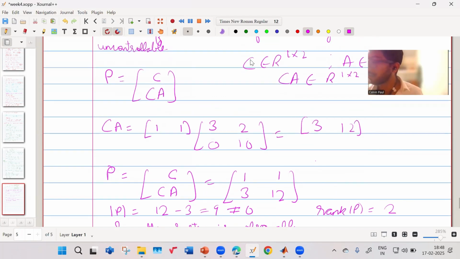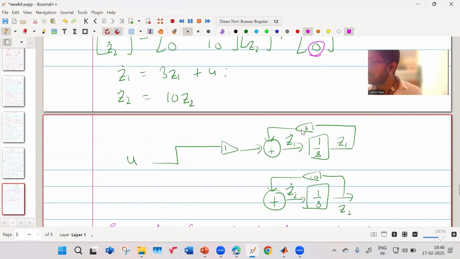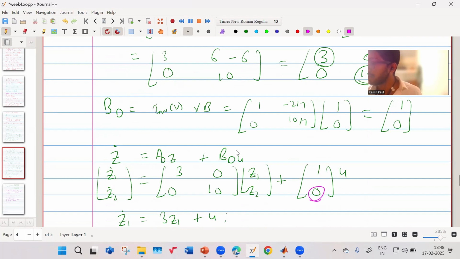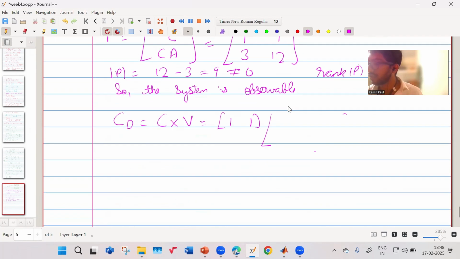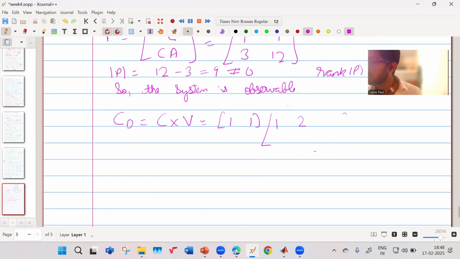V is 1 2 0 7. So when you find CD, it is 1 1 times V, so this is 1 and 1 into 2 plus 1 into 7, so it is 1 9.